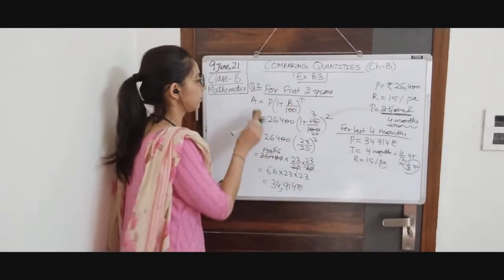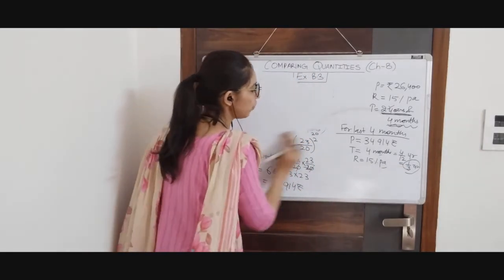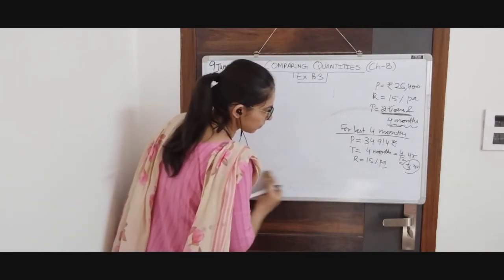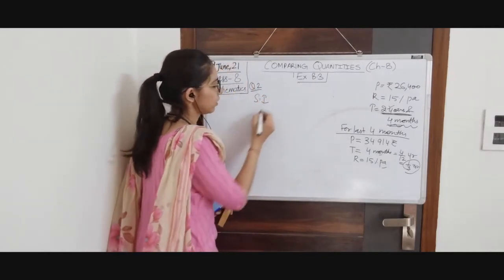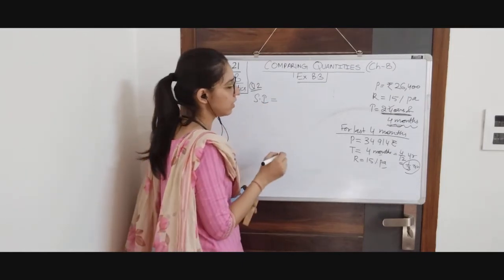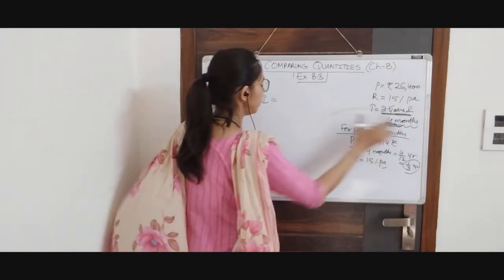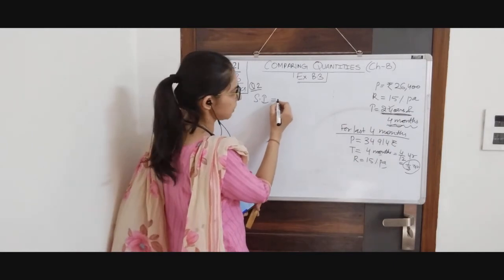Now we will do calculation for this one. Okay, you can apply the formula of simple interest, and you will always apply the formula of simple interest for these small months, small time periods.